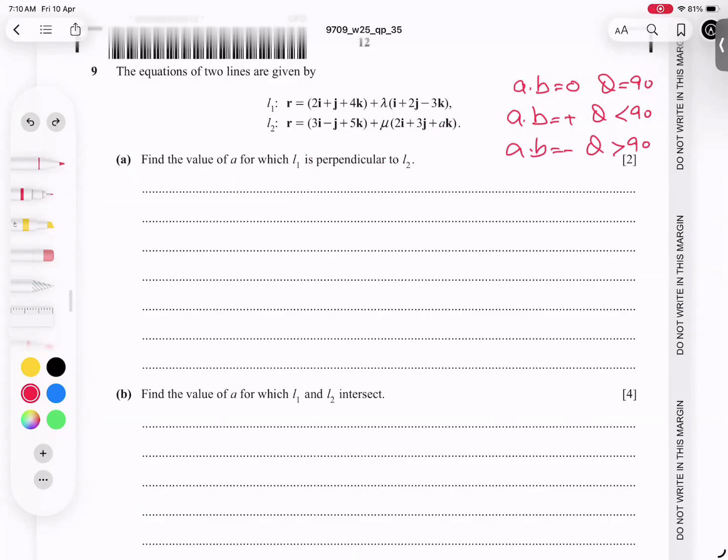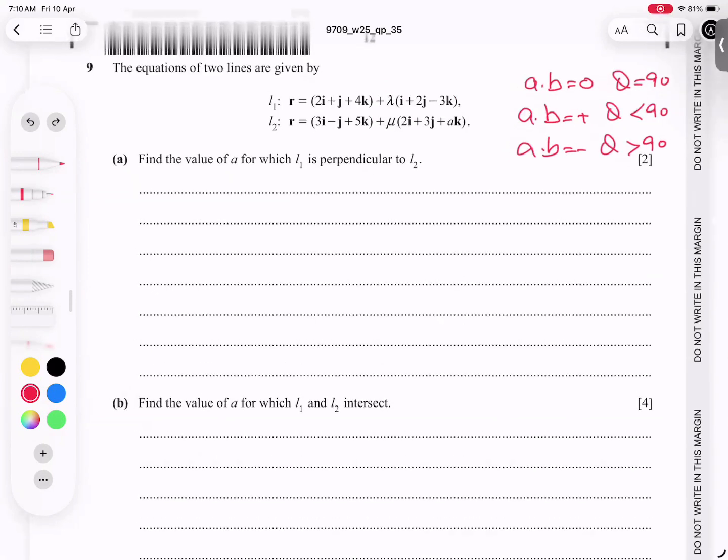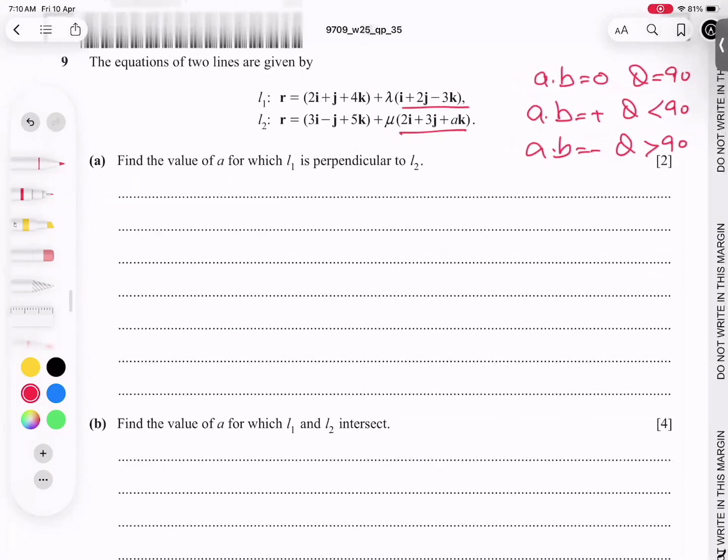And after lambda and mu, these are called directions. I must use directions only. So I'm writing here (1, 2, -3) dot (2, 3, a) is equal to 0. I have taken the coefficients, and the products are 2 and 6 and -3a.